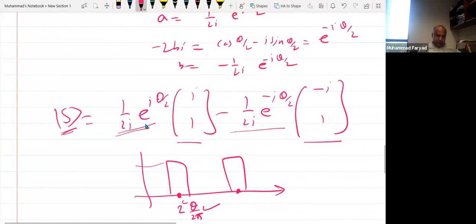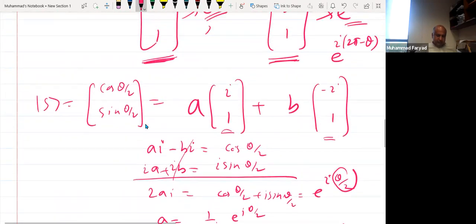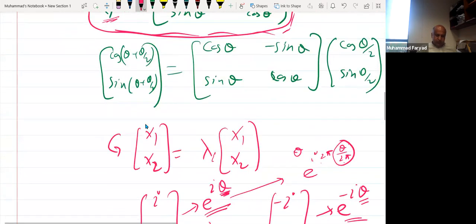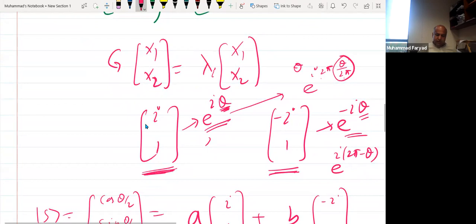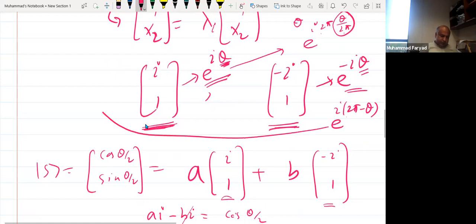So let's see what the index of the second histogram will tell us. One eigenvalue is exponential iota theta. The other is exponential minus iota theta, which is just exponential iota 2 pi minus theta.